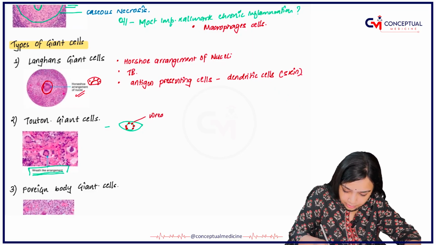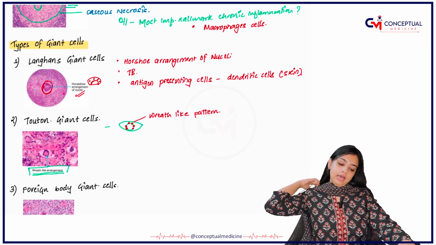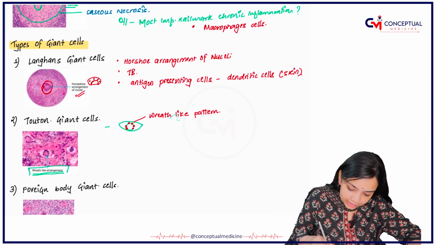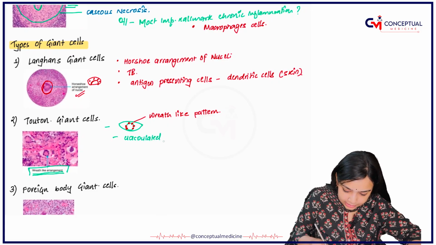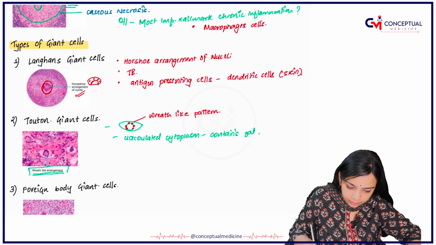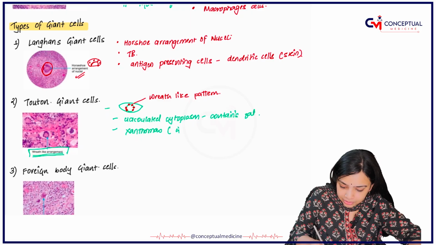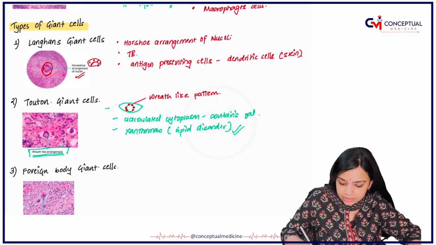Now what is happening in this type of giant cells is there is a vacuolated cytoplasm which contains fat, and in certain conditions like xanthomas, which is a lipid disorder, this type of giant cells may be found.